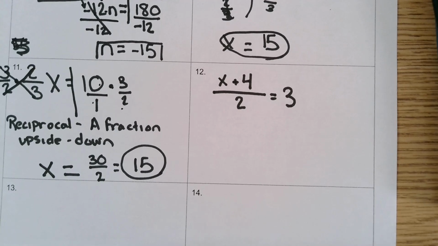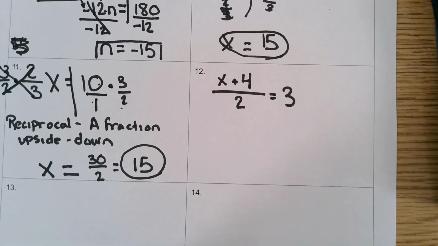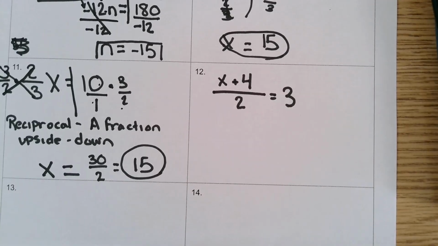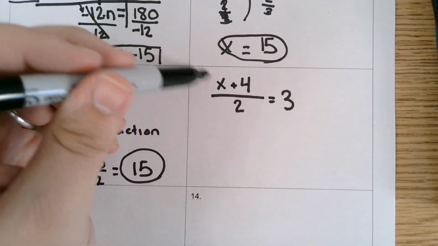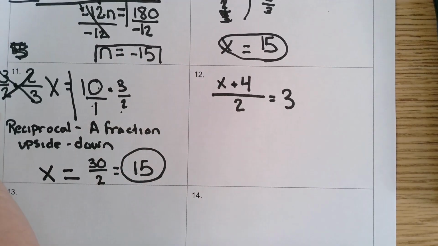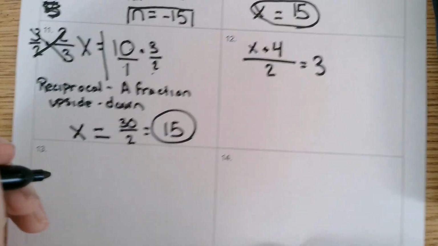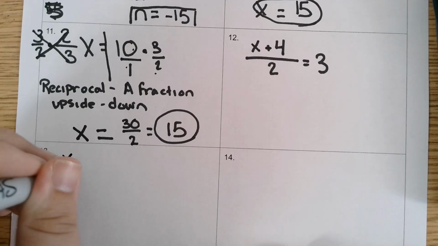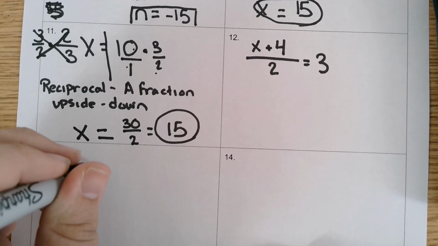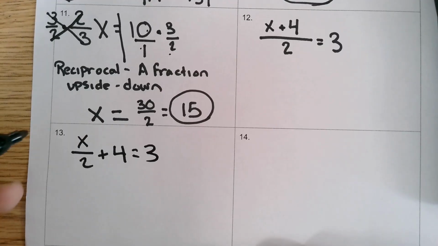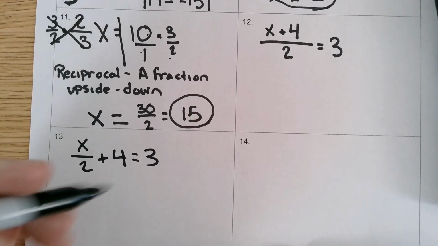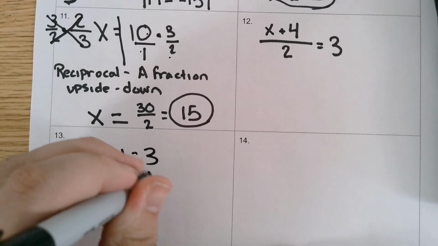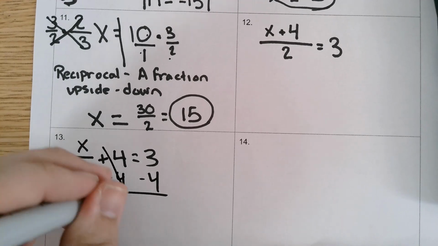In the rare occasion, I mean, you might see it once on the state test, but in the rare occasion where you see the entire expression up top over a fraction, we're talking the difference between this. In this situation, you would subtract the 4 first.